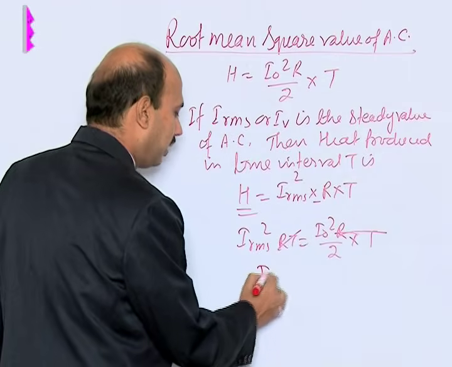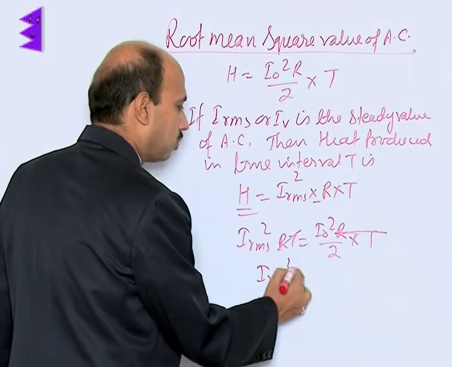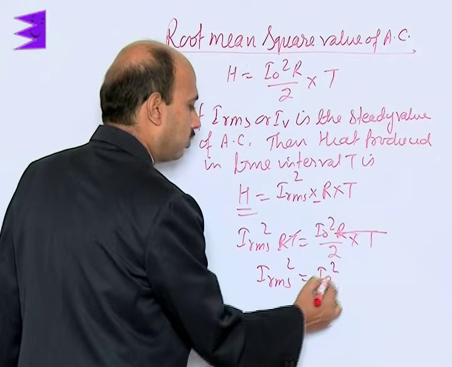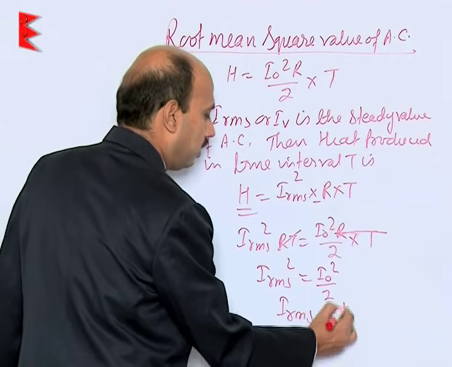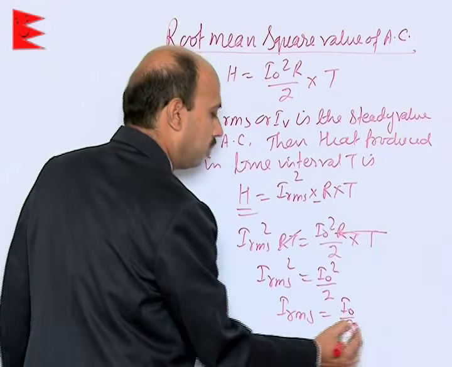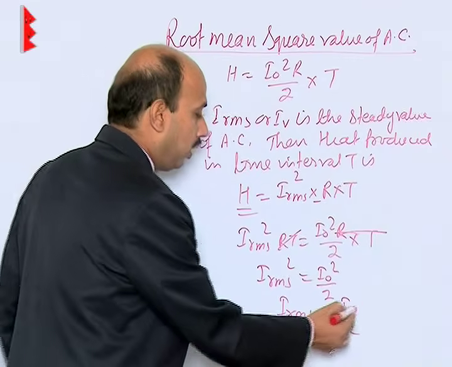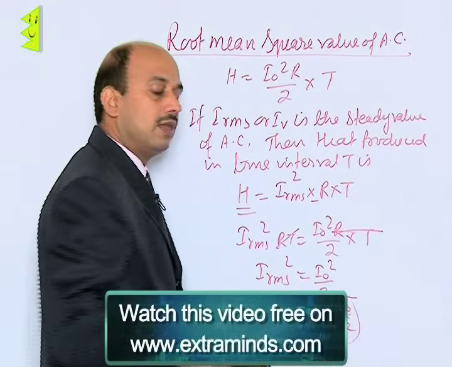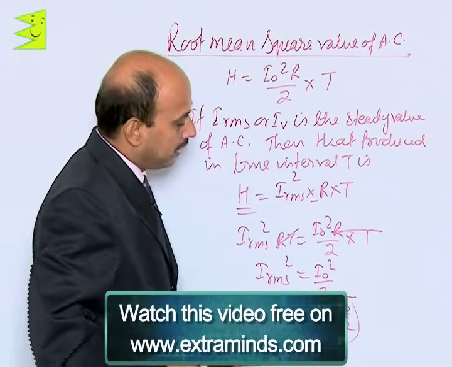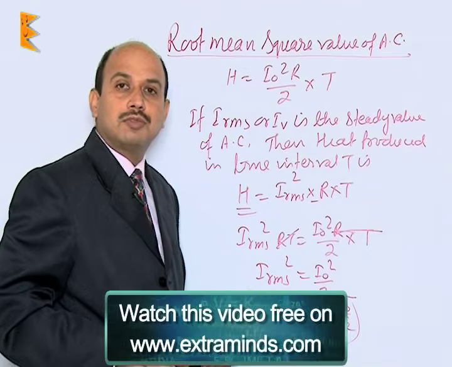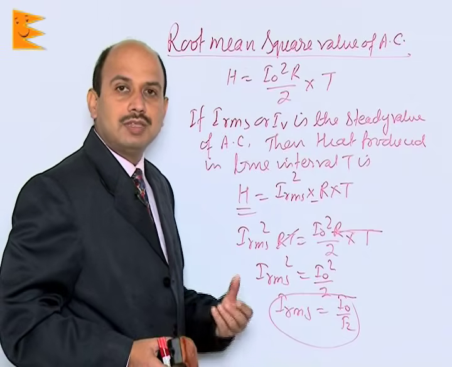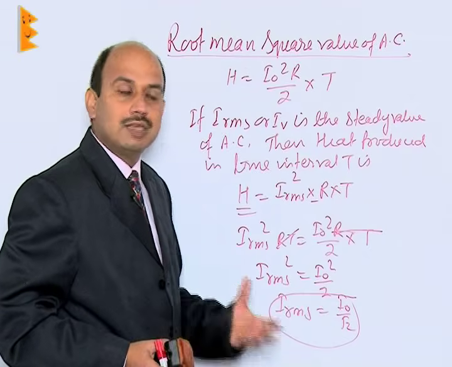You will get I RMS square is equal to I naught square by 2, that is I RMS is equal to I naught upon root 2. So this is the RMS value of AC, that means the root mean square value of AC is 1 upon root 2 times the peak value of AC, that is the maximum value of AC.